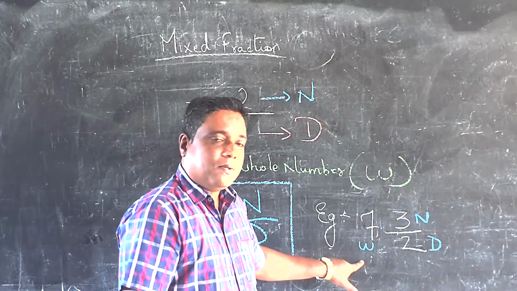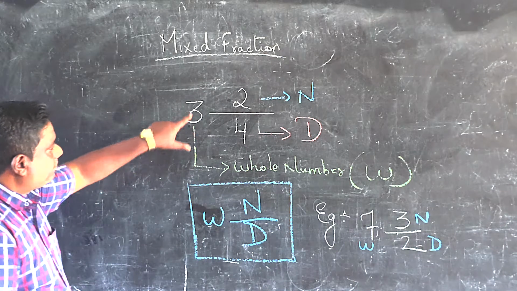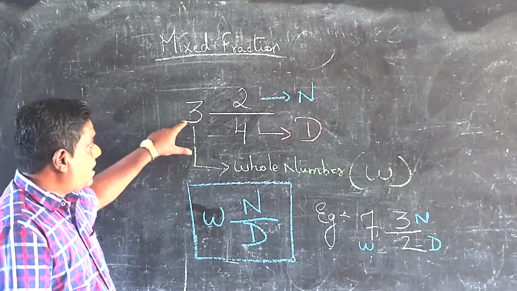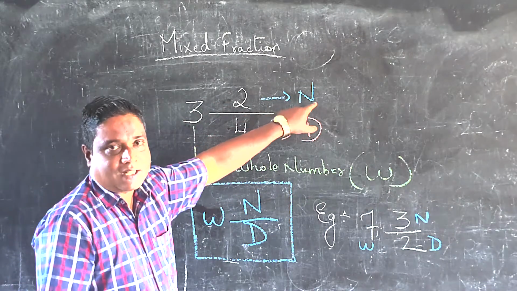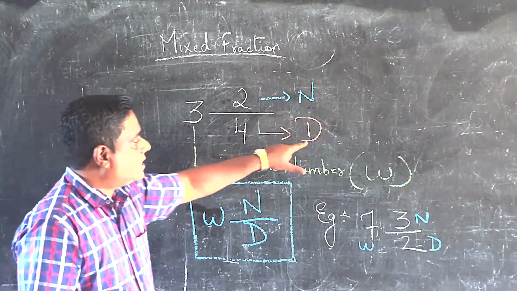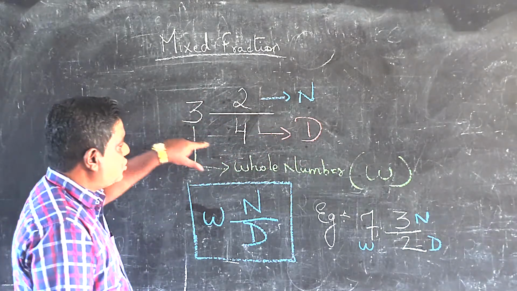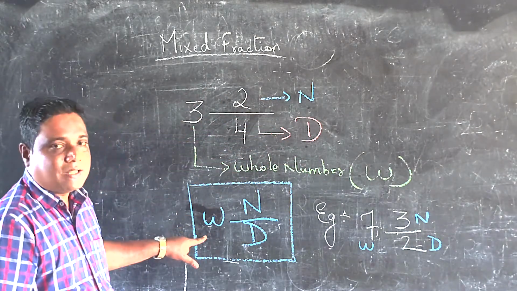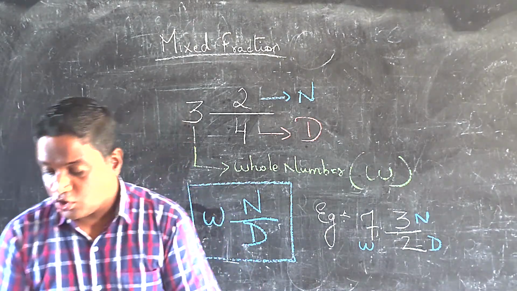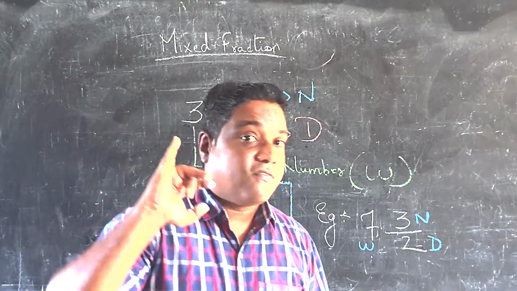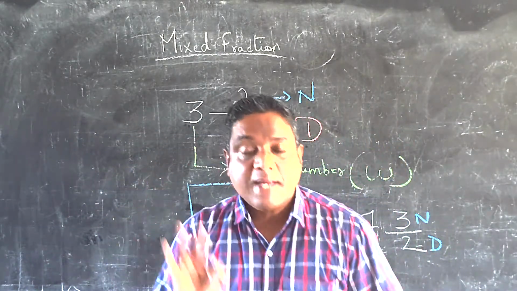Same way, in 3 and 2 upon 4, 3 represents the whole number, that is W, 2 represents the numerator and 4 represents the denominator. All these 3 digits together are called a mixed fraction. So we have 3 types of fraction: proper, improper and mixed.